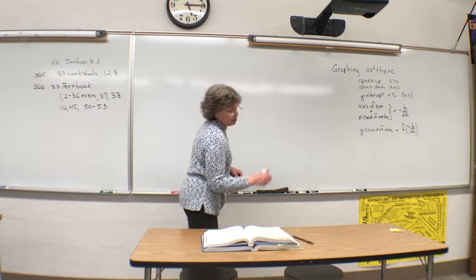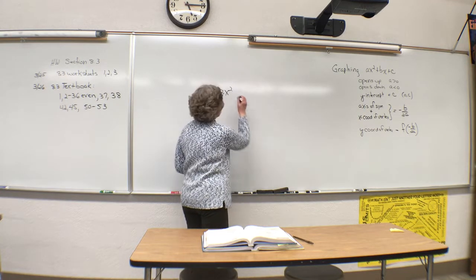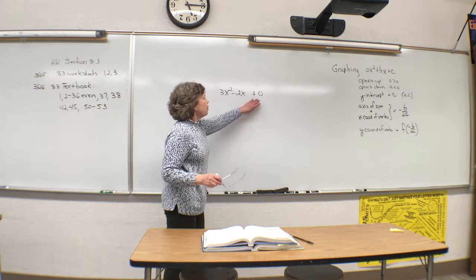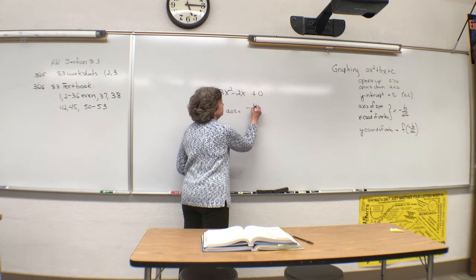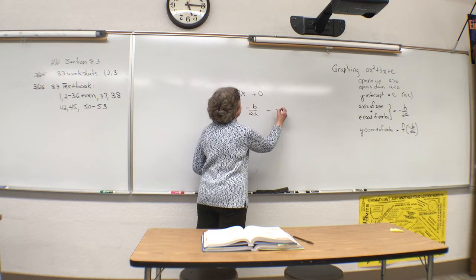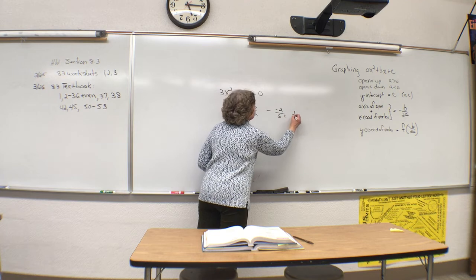If I have number 1, 3x squared minus 2x, I'm thinking plus 0. So my y-intercept would be at 0. The axis of symmetry is minus b over 2a. That's also the x-coordinate of the vertex, so negative 2 over 6 is going to be positive 1/3.